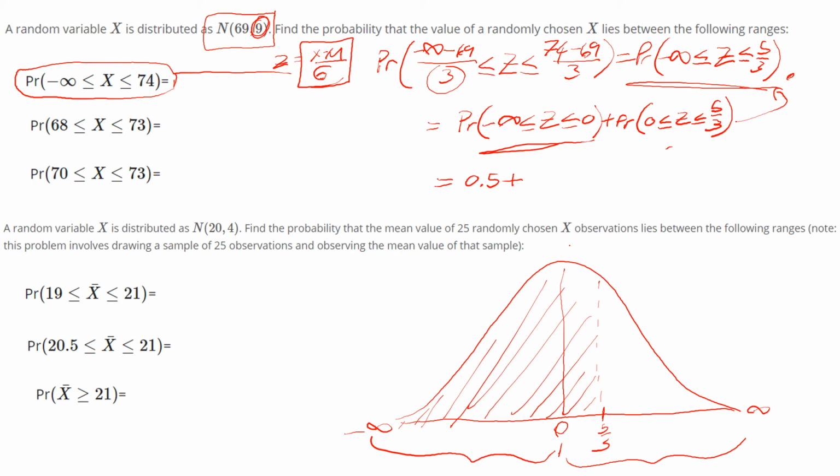So we're looking for the probability that Z lies between 0 and 5 over 3. 5 over 3 can also be written as 1.6 something. If we round off to the second decimal, and we probably should, since our Z table only gives us values up to 2 decimal points, we look up the probability that Z lies between 0 and 1.67, and we find the following value.